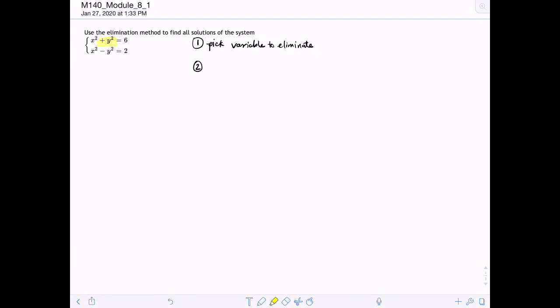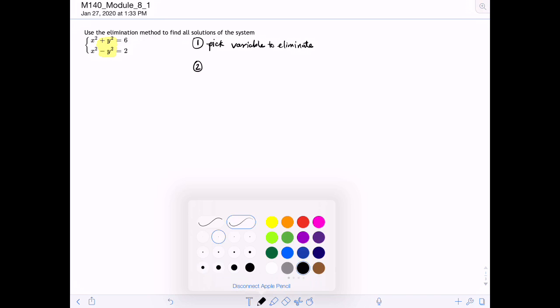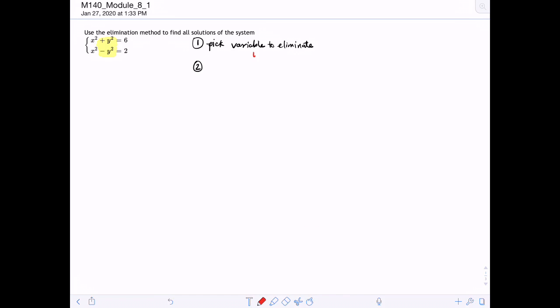The reason why I pick y, or the y squared term, is because I already see that they are opposite signs, and I would just need to make sure that their coefficients are the same but opposite sign. And notice the coefficients are exactly the same except opposite signs. So I'm going to go ahead and pick y to eliminate, or we could say y squared term, however you want to say it.